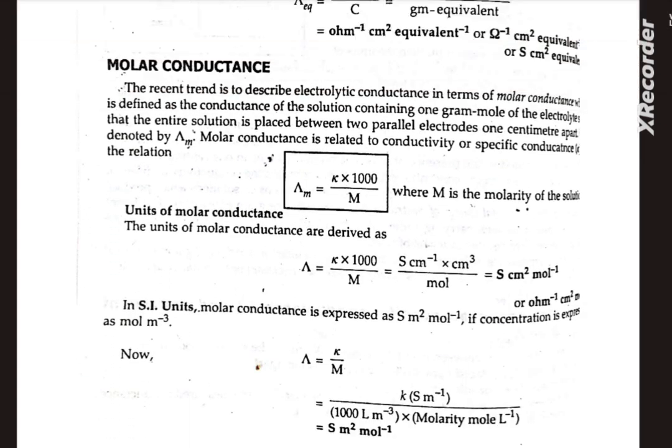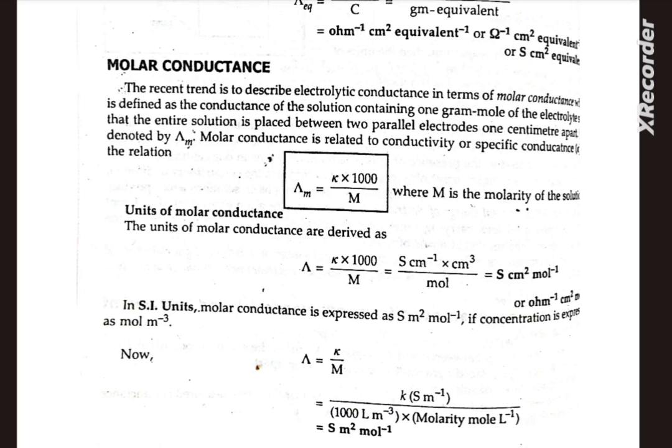Molar conductance. The recent trend is to describe electrolytic conductance in terms of molar conductance. Molar conductance is defined as the conductance of the solution containing 1 gram mole of the electrolyte, such that the solution is placed between two parallel electrodes 1 centimeter apart, denoted by lambda m.